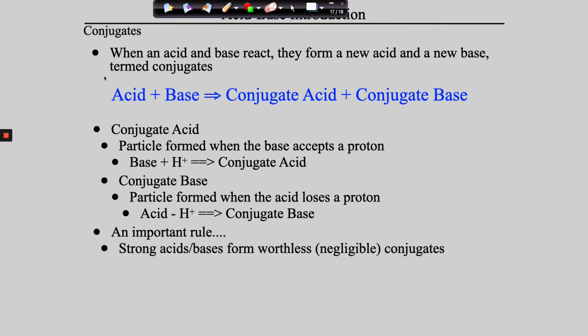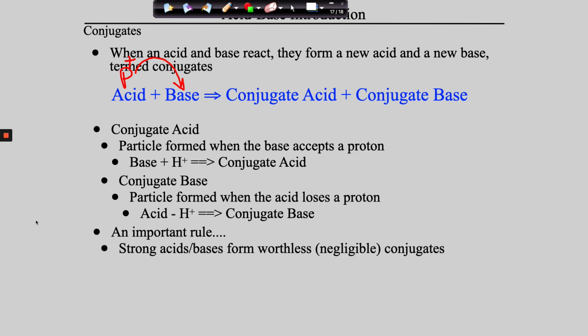So let's review. When we talk about the Bronsted-Lowry definition of acids and bases, we know that we're tracking protons. Acids give them away, bases take them in. Guys, that then means that when an acid-base reaction takes place, literally what's happening is a proton goes from the acid to the base.